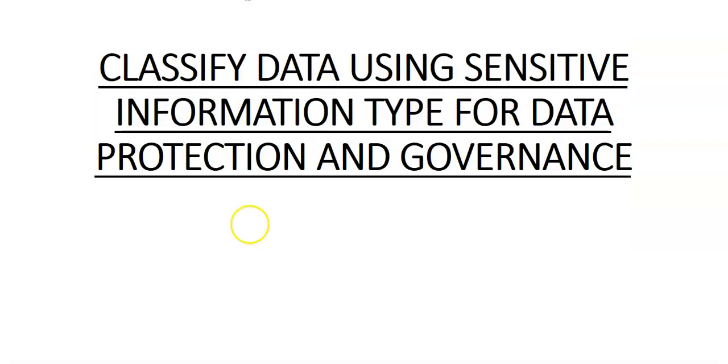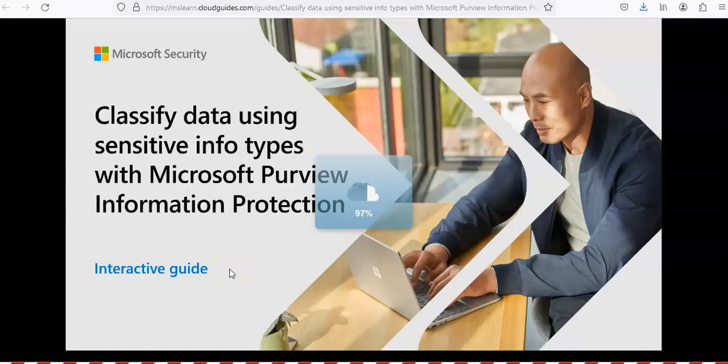Now, if you go to Microsoft Learn and look up sensitive information types for more information, you can see an interactive guide. I'll open that for you and show you, so we can see how to classify data using sensitive information types using the interactive guide that is available from Microsoft. Right, so this interactive guide is loading.